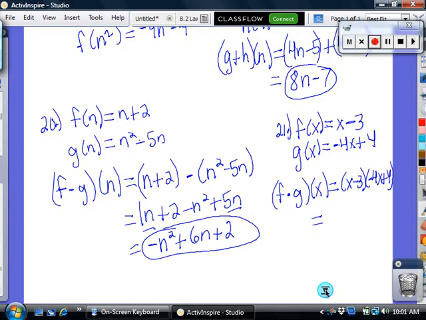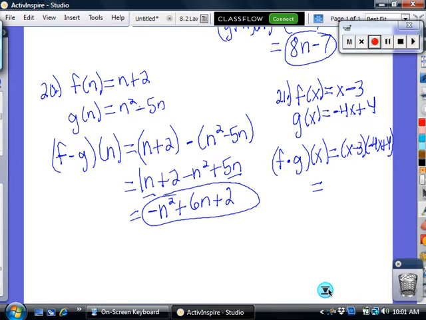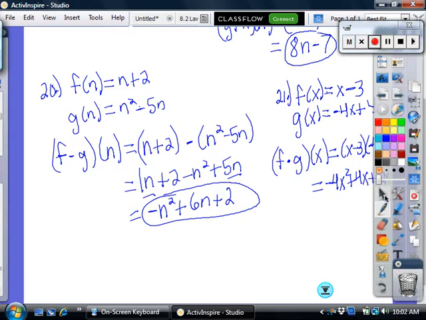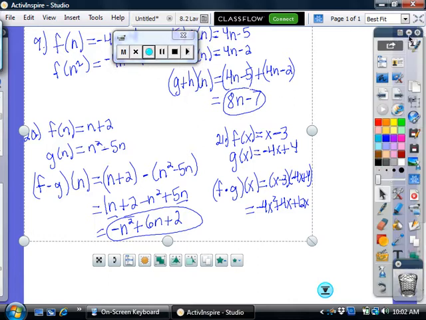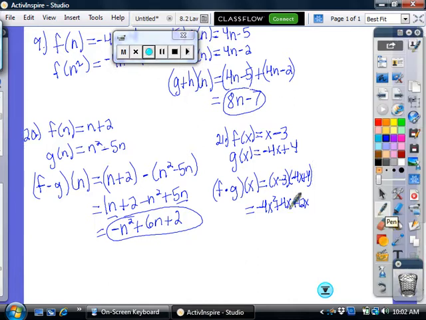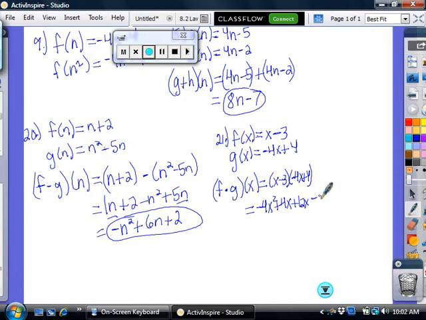So what method, you mentioned this earlier, what method do we multiply binomials with? FOIL. So first, outer, inner, and then last, negative 3 times 4.